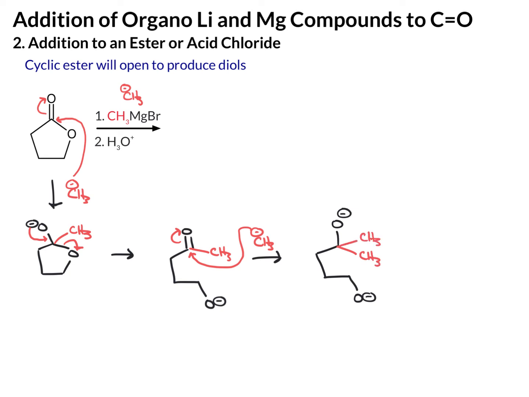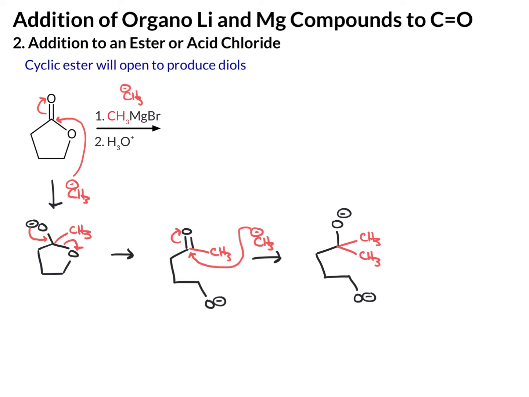Right, now we're at our tetrahedral intermediate, and we have our O minus from the oxygen that was part of the carbonyl. The second O minus is from the leaving group. So what will happen at this point is the reaction will be done.